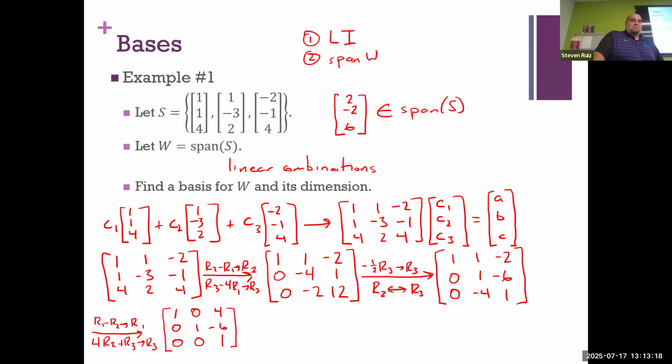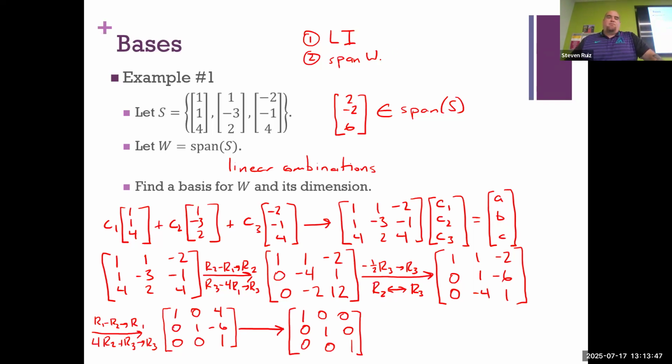What's it going to look like? I'm going to get the identity. Now that I have 0, 0, 1 in that bottom row, hopefully we can envision the steps that it would take to remove that 4 and remove that -6. So where we're going to get here is 1, 0, 0, 0, 1, 0, 0, 0, 1.